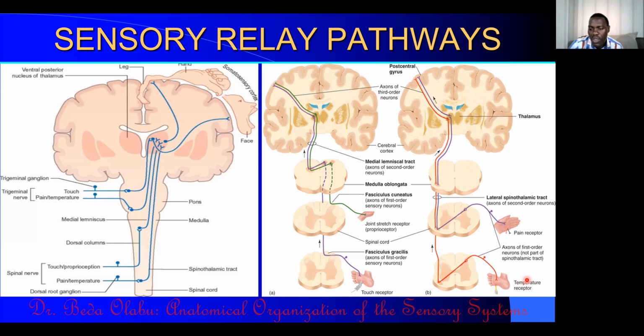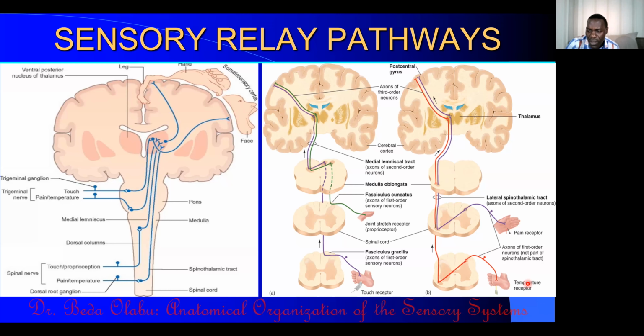If the sensation is about heat, then those neurons will enter. First of all, the first order sensory neuron is a pseudounipolar neuron, as you can see, which means the cell body of this neuron is somewhere outside the central nervous system to form ganglion, if there are many. The axon of the neuron then enters, and as you remember, they enter through the dorsal horn of the spinal cord.